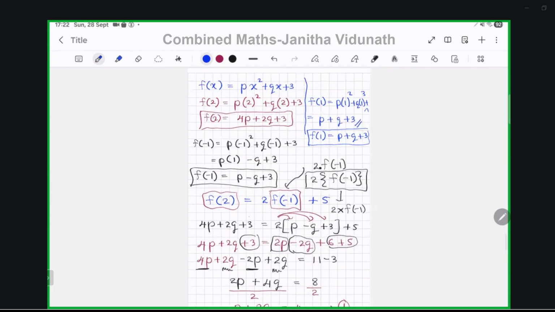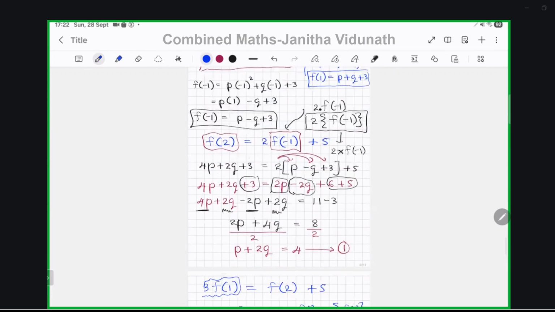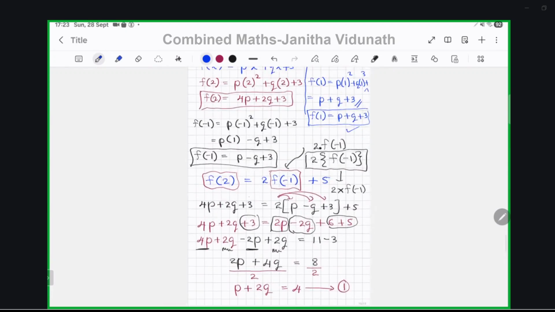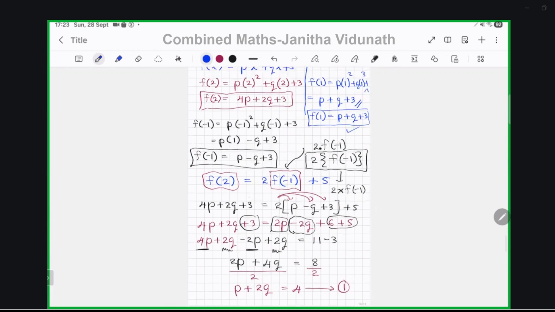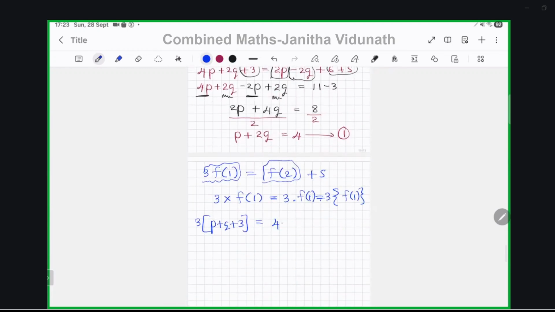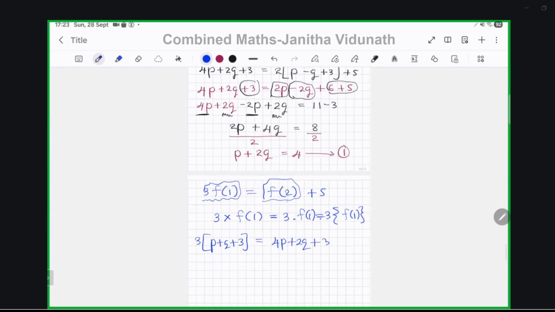That means we get 3 times, we have found that the f(1) value is p + q + 3, equal to, here we have the f(2) value, which is 4p + 2q + 3, plus 5.